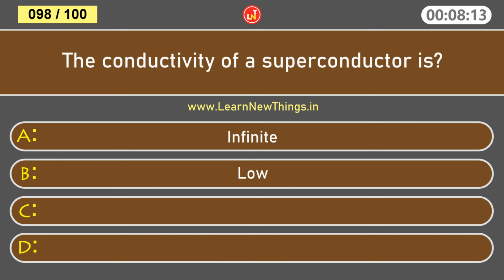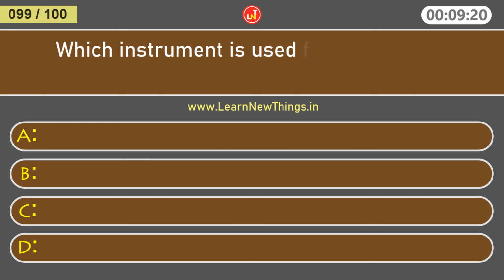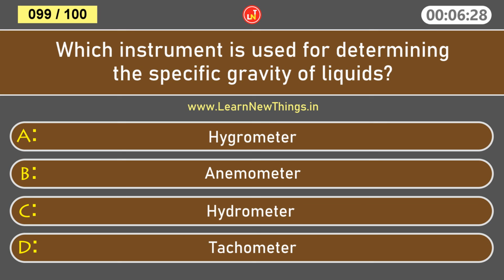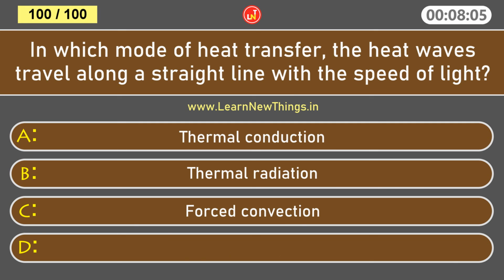The conductivity of a superconductor is infinite. Which instrument is used for determining the specific gravity of liquids? Hydrometer. In which mode of heat transfer the heat waves travel along a straight line with the speed of light? Thermal radiation.